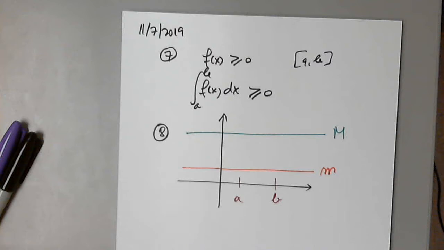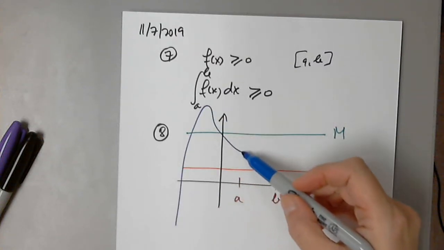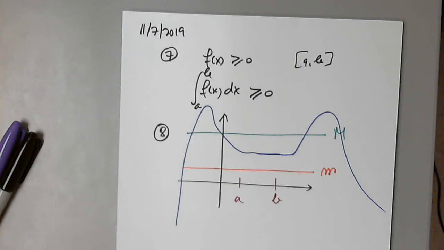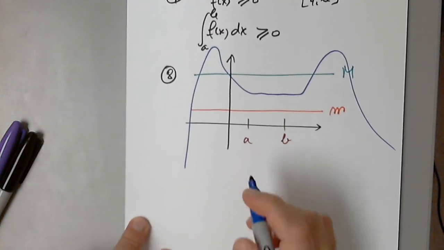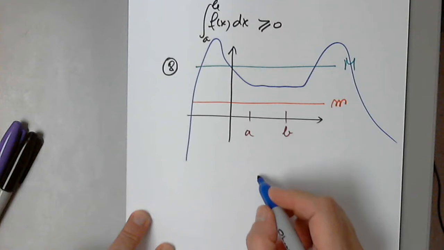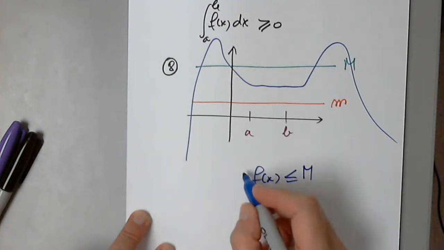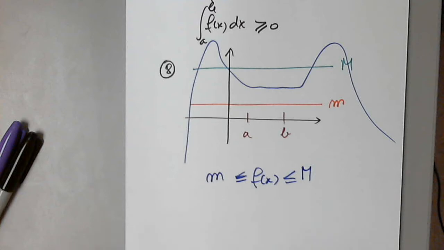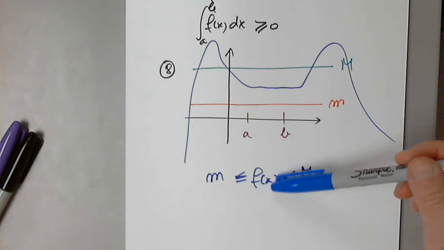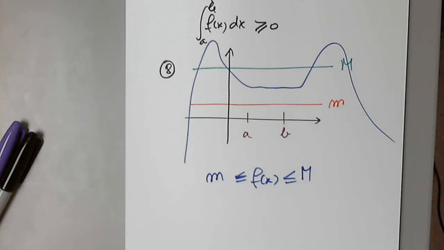And I have a function that can do whatever, but on the interval a comma b, I can write this. Outside of that interval, I don't care what happens. But on the interval a comma b, I can write that the function is between m and M. Well, you could possibly say bounded.